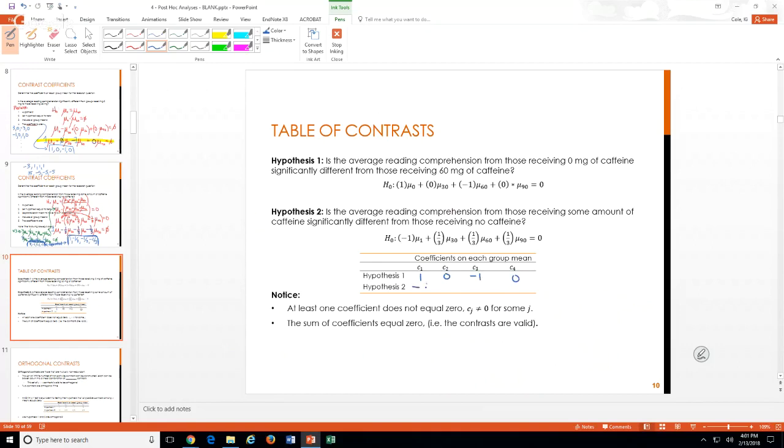And in the second, minus 1, 1/3, 1/3, 1/3. So notice at least one coefficient does not equal 0 for each of those. And for both of them, the sum of their coefficients equals 0. So they are valid.